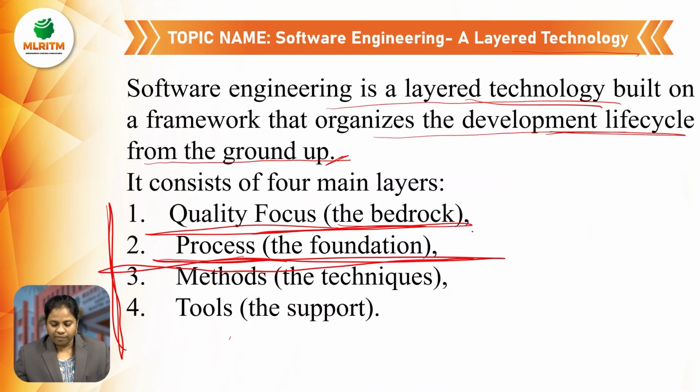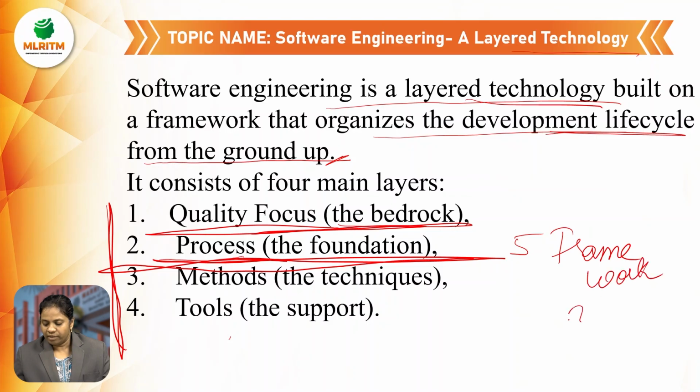In the process, we have five framework activities which we have seen in detail: communication, planning, modeling, construction, and deployment. And the methods are the techniques used in software engineering.